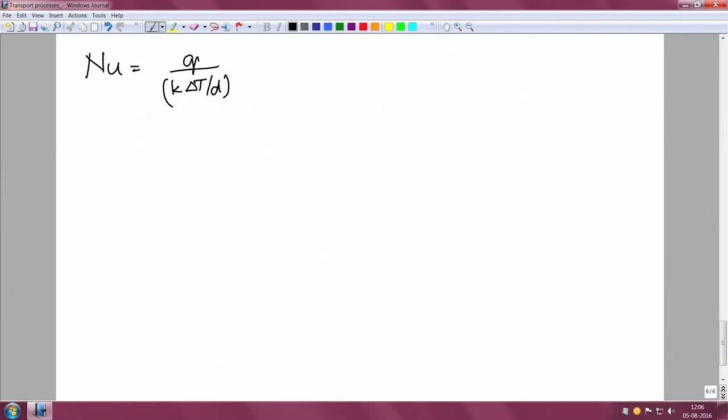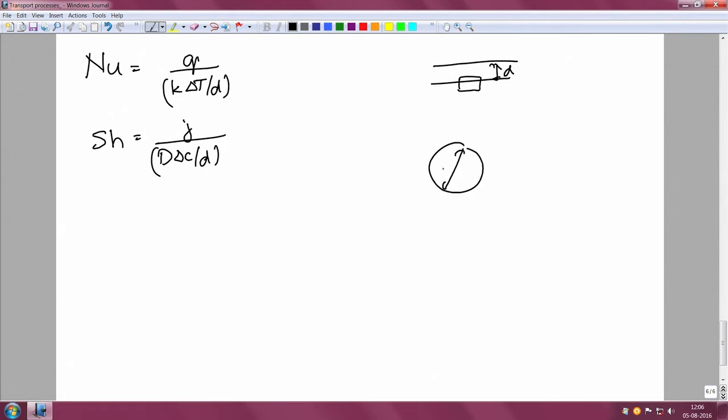Similarly, the Sherwood number can be written as the mass flux divided by dΔC/D. This is for the heat exchanger problem, where D is the diameter of the pipe. This could be for the spherical particle problem, where D is the diameter of the particle.